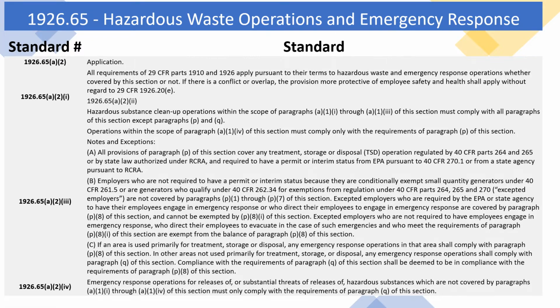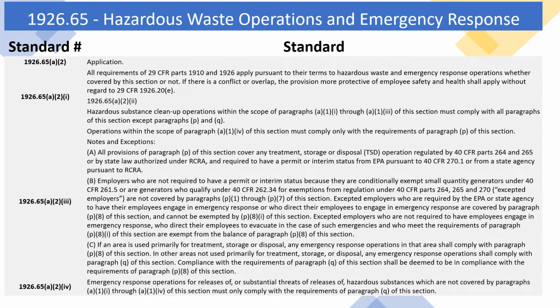(A) All provisions of paragraph (p) of this section cover any treatment, storage, or disposal (TSD) operation regulated by 40 CFR Parts 264 and 265, or by state law authorized under RCRA, and required to have a permit or interim status from EPA pursuant to 40 CFR 270.1 or from a state agency pursuant to RCRA.